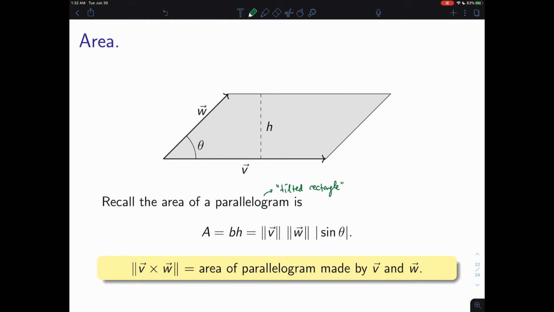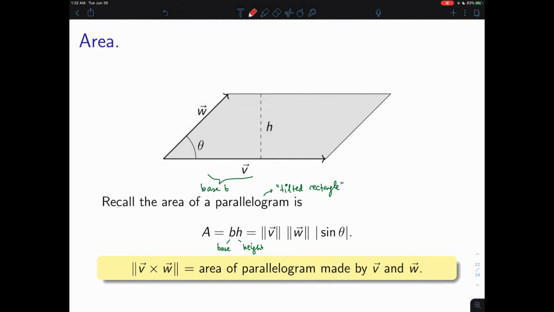So just a reminder, the area of this shaded parallelogram turns out to be the base times height. The base times height. Just like a rectangle.